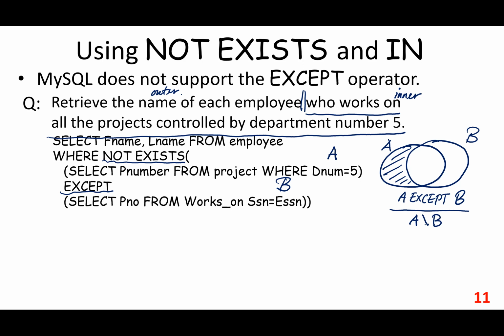So A set minus B, it's another regular minus, set minus B. That means in set, you remove all the elements that belong to B.